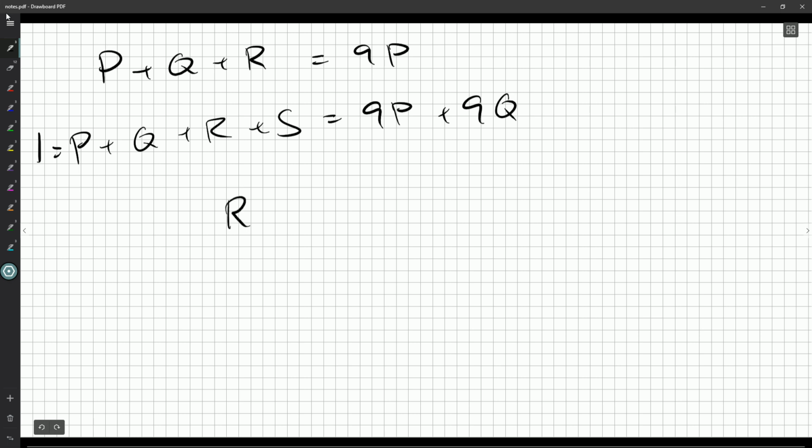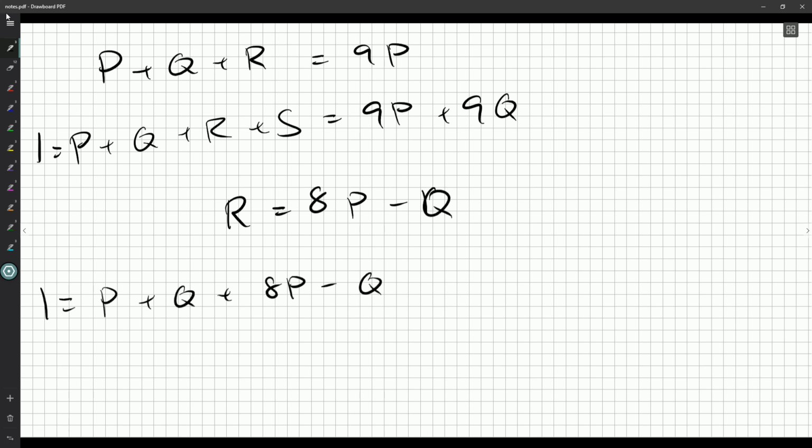Well, we can rearrange and say R is 8P minus Q. So then 1 is P plus Q plus 8P minus Q plus S, which is 9Q.